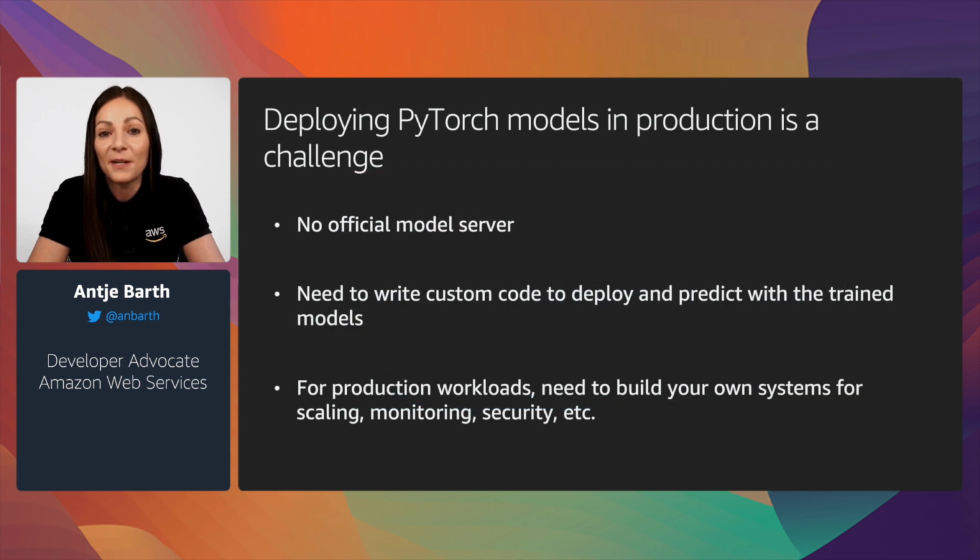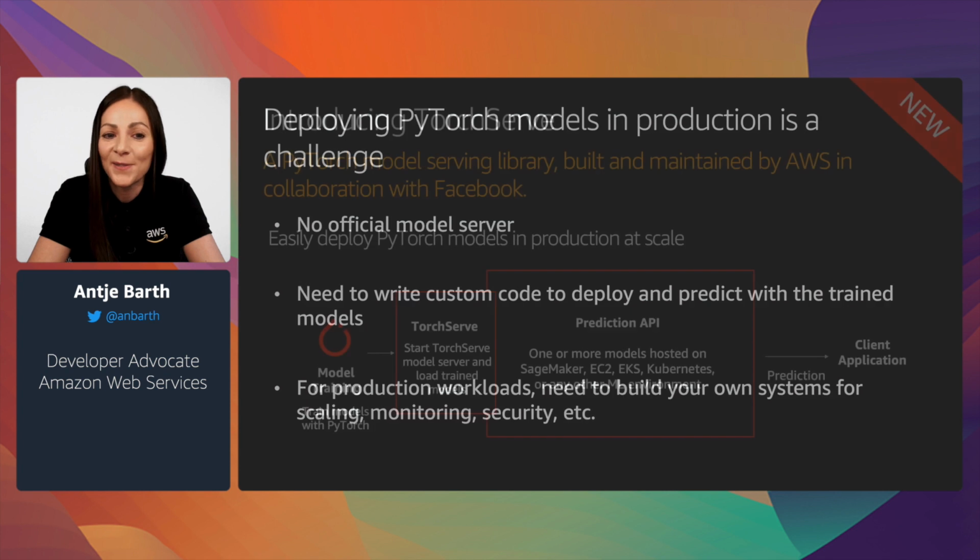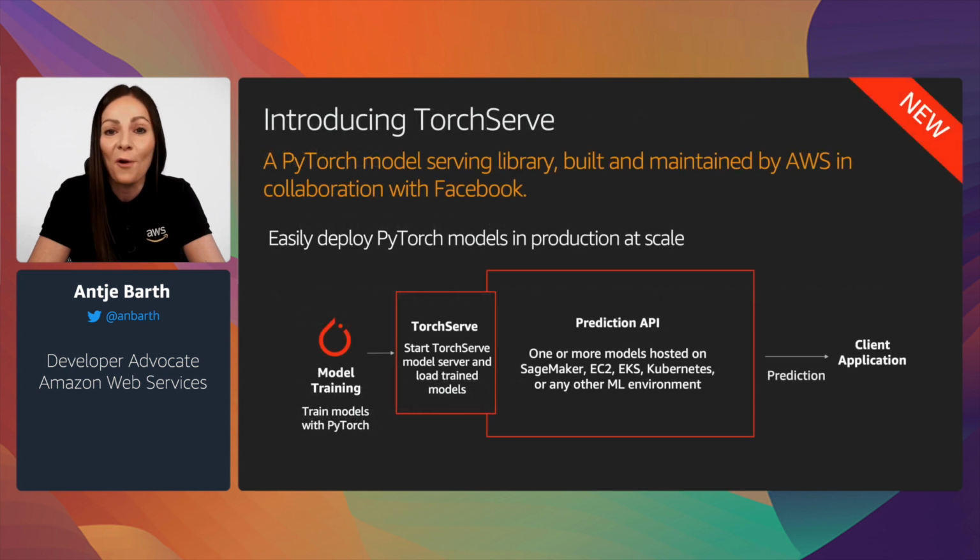Looking at PyTorch in general, it has been a little bit of a challenge to deploy models to production. And this is because of a couple of reasons. There hasn't been an official model server, and you had to write custom code to deploy and predict with the trained models. And I'm super happy to announce and introduce TorchServe.